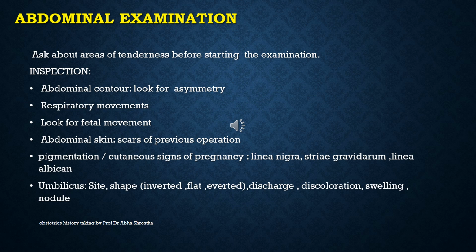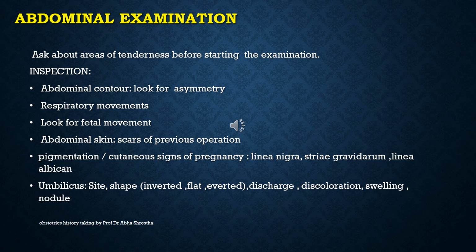In a pregnant woman, if there is an asymmetry, it might suggest a subserosal fibroid or a bicornuate uterus or unicornuate uterus. Then we should look for the movement of the abdomen with the respiration, whether it moves equally with respiration or not. We should look for fetal movement.